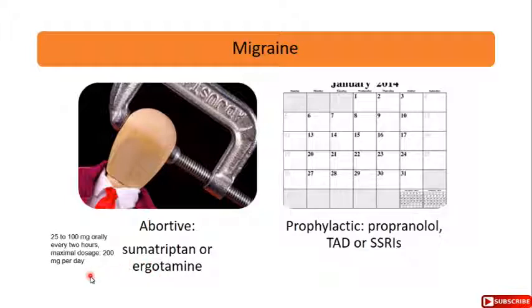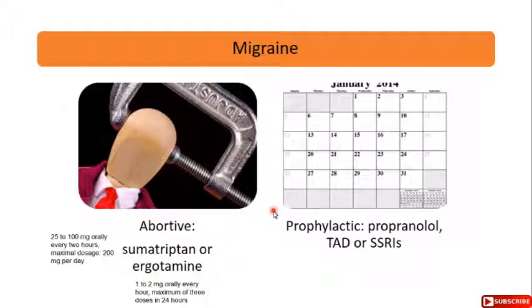Usually they won't ask you about doses, but if you want to know more, and I'm sure you want to, these are the doses. And for ergotamine, these are the doses, 1 to 2 milligrams orally every hour. So this is one part. If you're having an acute attack and you want to cut the pain, you have to use sumatriptan or ergotamine.